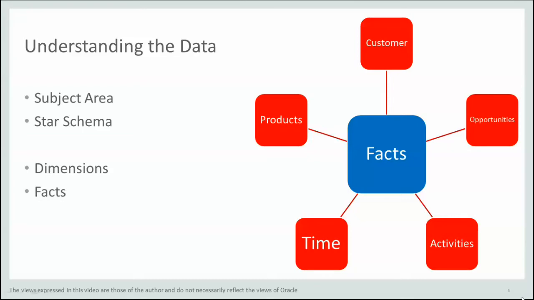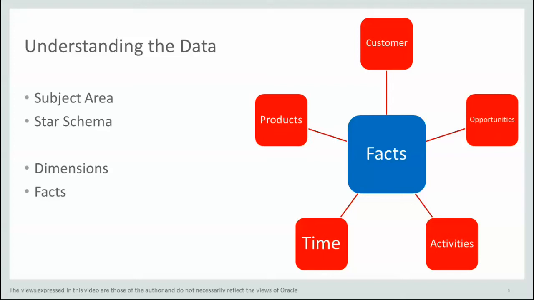Or a report listing the number of successful meetings in the context of a specific type of customer that has opportunities in a certain sales stage. So the first thing we end up doing when we make a report is selecting dimensions and facts from the subject area that we have chosen.